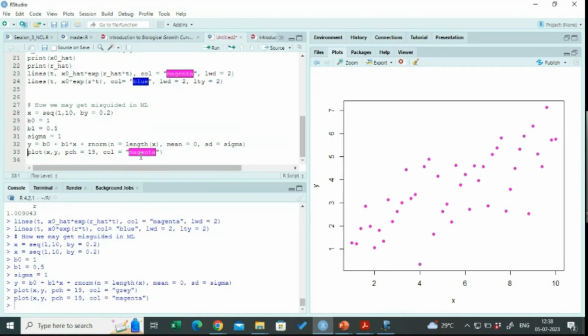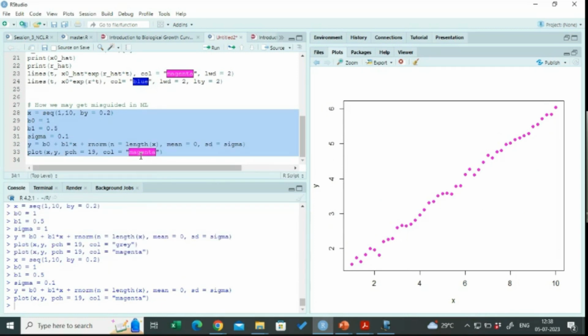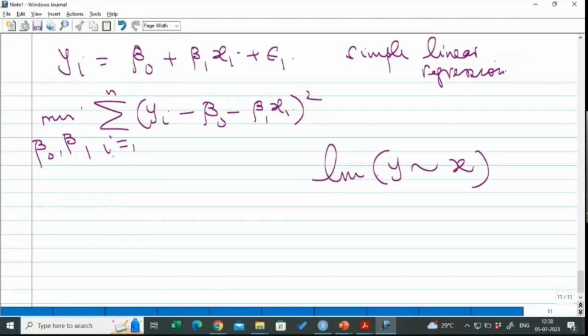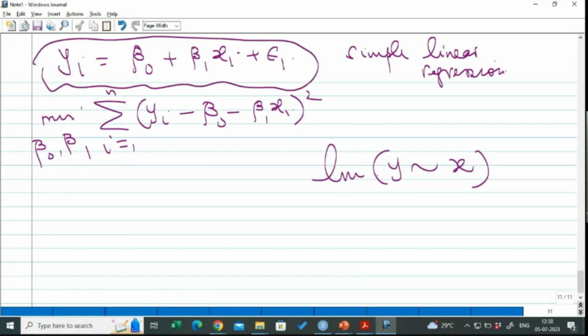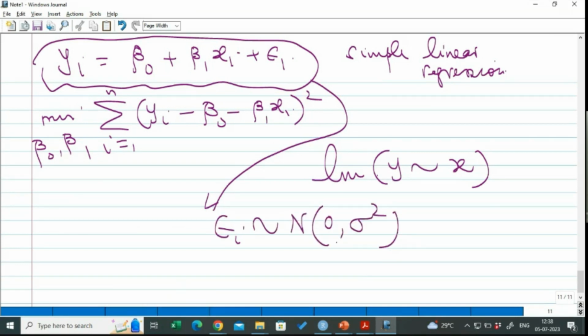Say for example, if your population variance is 0.1, as you see from the data itself, you can understand that the population variance is small. So in a sense, if I have a regression model of this form, we know that here epsilon follows normal 0 comma sigma square, right?